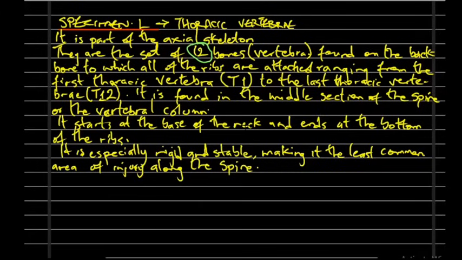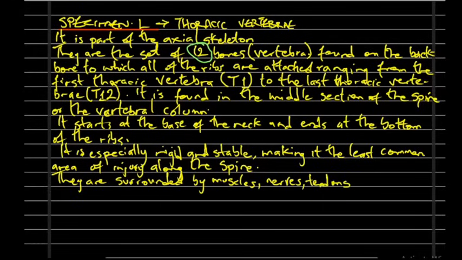The thoracic spine is surrounded by muscles. This part of the bone is surrounded by muscles, nerves, tendons, and ligaments.